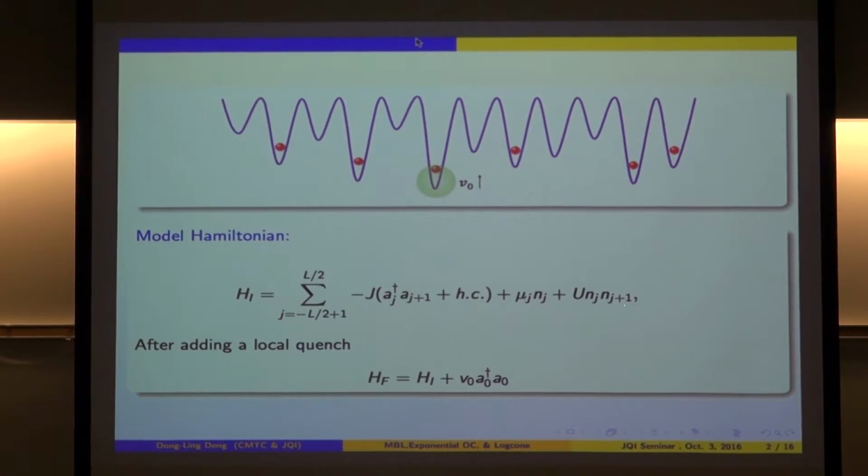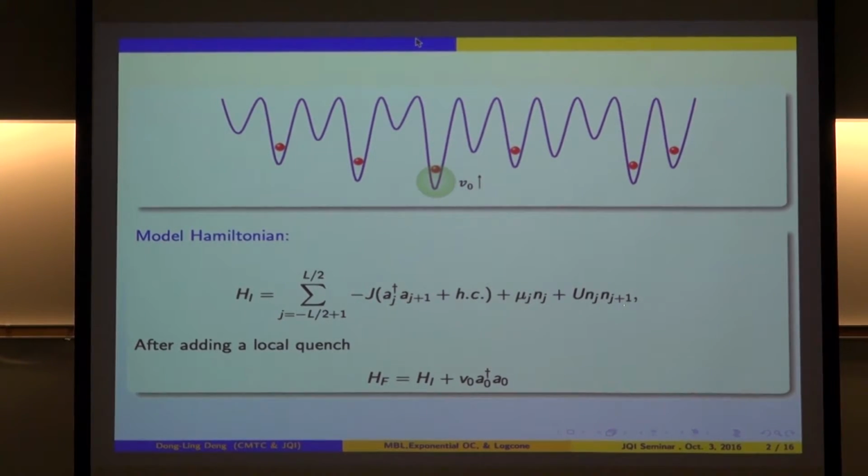The a and a-dagger are the annihilation and creation fermion operators, and n is the fermion number operator. And mu_j describes the onsite random potential, which is drawn independently from a uniform random distribution.